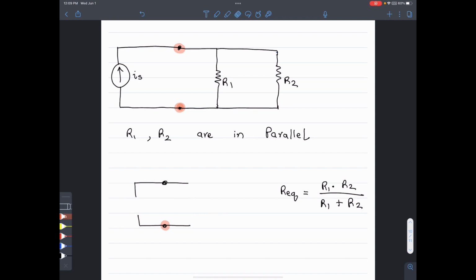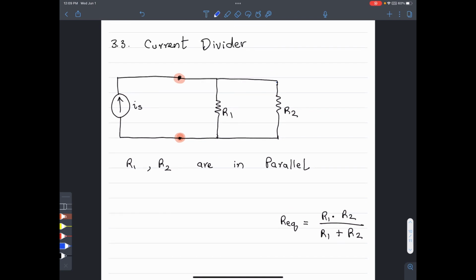Now let's see, what are we interested in finding out? Remember, this is a current divider circuit. The current source supplies a current IS, and that is being split at that node.